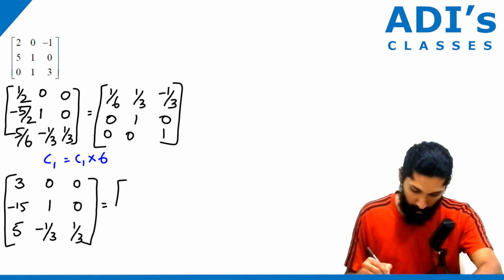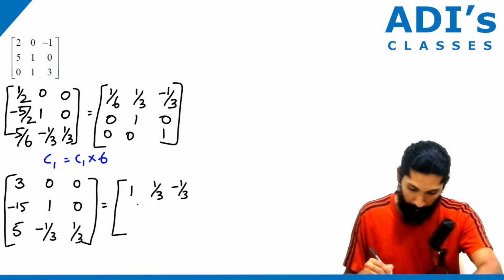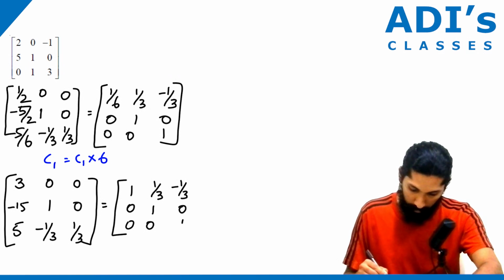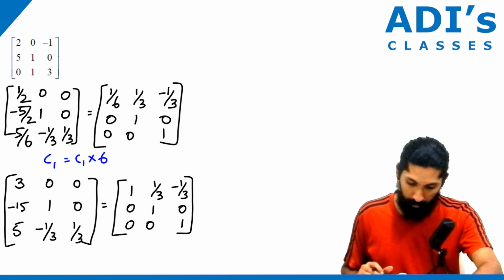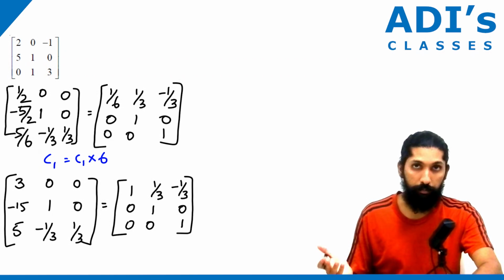This is equal to 1, 1 by 3 minus 1 by 3, 0, 1, 0, 0, 0, 1. Correct? Now we need to add or we need to subtract.